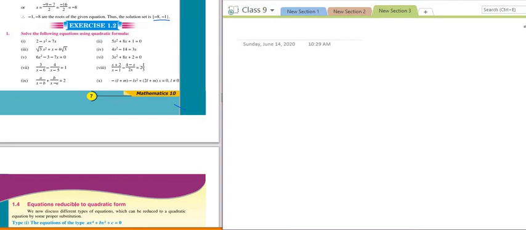Third is square root 3 x square plus x equals 4 square root 3.